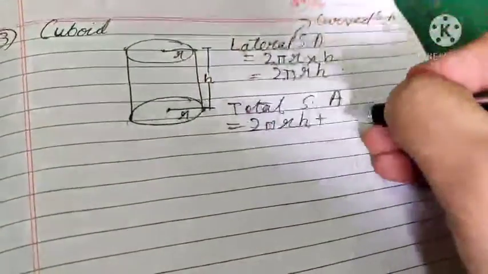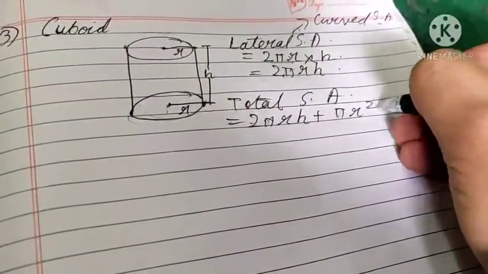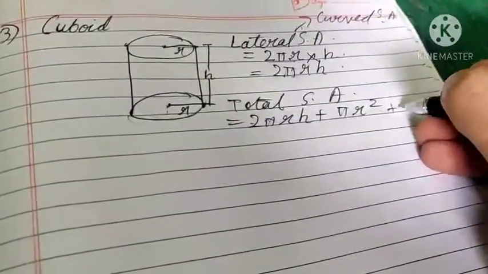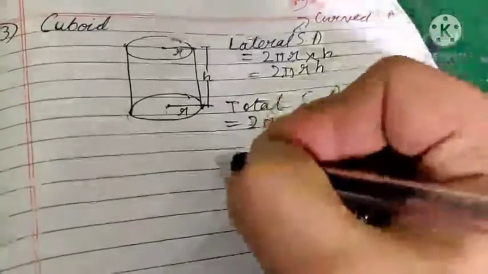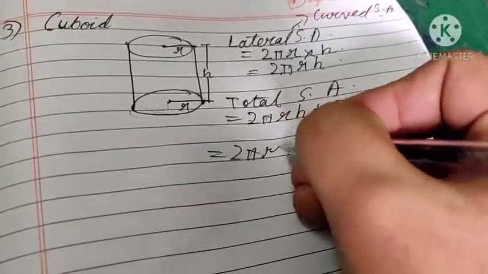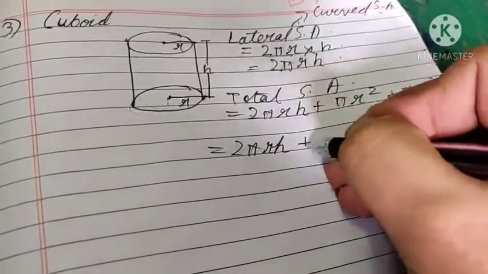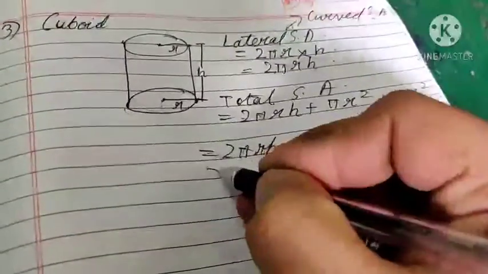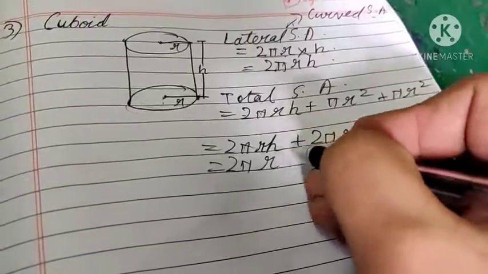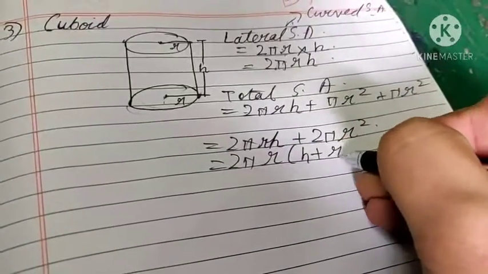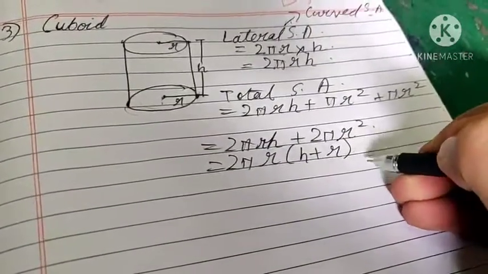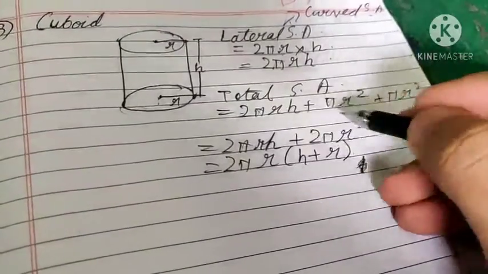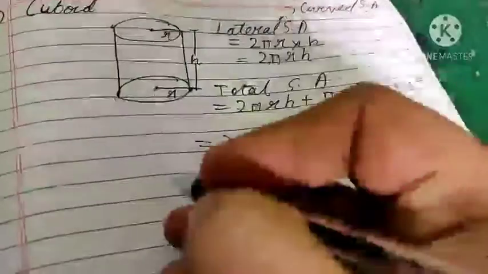Top is a circle and area of circle is pi r square, and then base is also a circle, it is also pi r square. That is 2 pi r h plus 2 pi r square. Taking 2 pi r common, h plus r. So this is the formula for total surface area of cylinder.